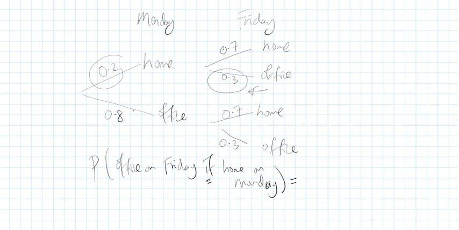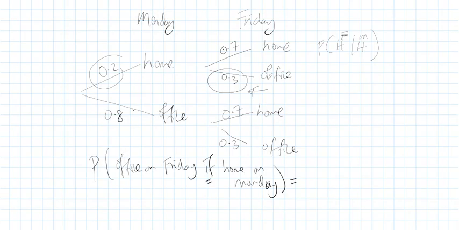Okay, now the point is that all the probabilities here on the second branch are all conditional probabilities. This is the probability that you're home on Friday, given that you were home on Monday. This is the probability you're going to the office on Friday if you worked at home on the Monday. All these probabilities you see here are conditional because there's another event linked to them.